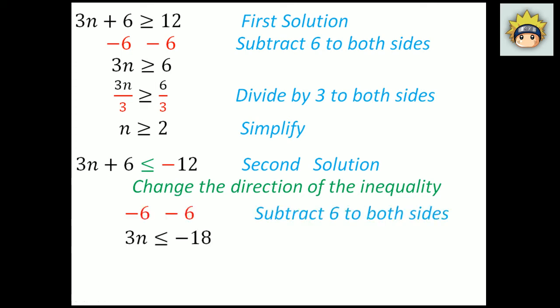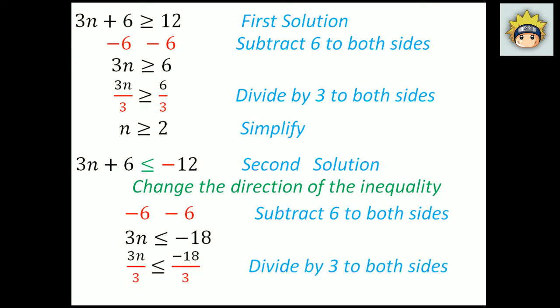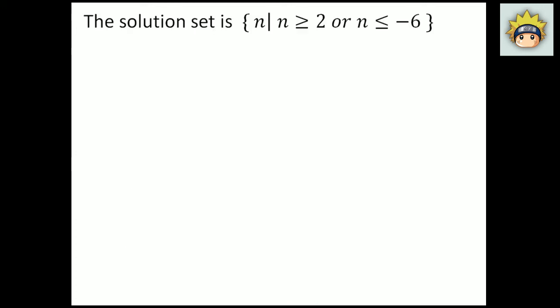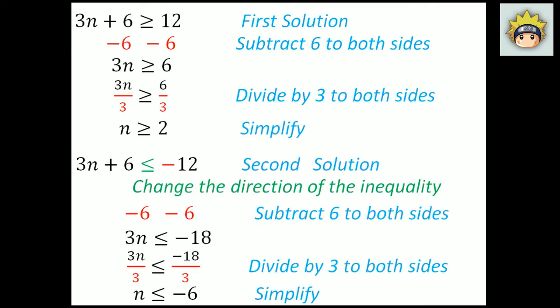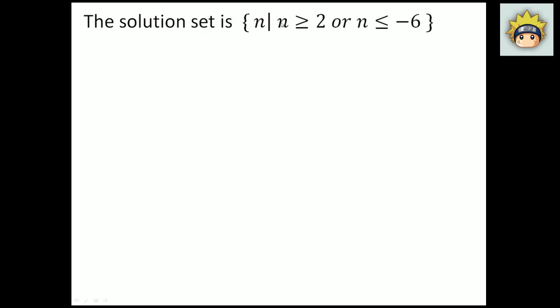You get 3n is less than or equal to negative 18. Divide both sides by 3. You get n is less than or equal to negative 6. So the solution set is n is greater than or equal to 2 or n is less than or equal to negative 6.